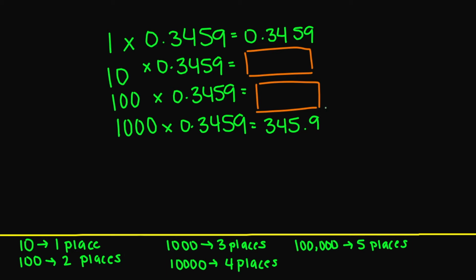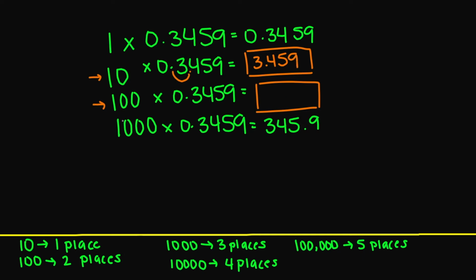All right, so let's look at this example here. We're going to multiply 0.3459 times 1 times 10 times 100 and then also times 1,000. So how do I answer this question quickly? Well, we already know if I'm multiplying by 10, I need to move my decimal point 1 place to the right. So that's going to put me right here between the 3 and the 4. So I already know my first answer here is going to be 3.459.